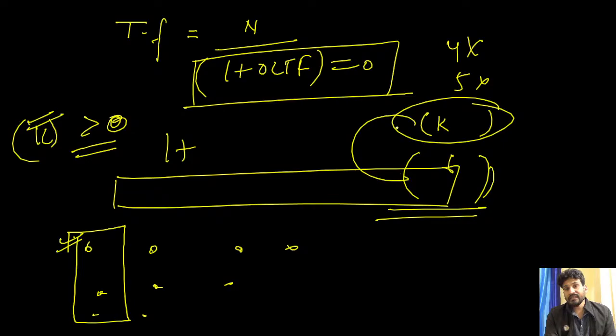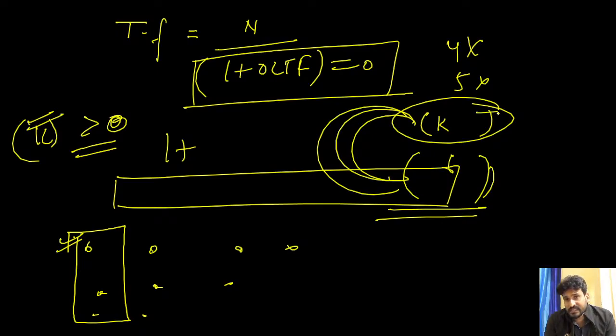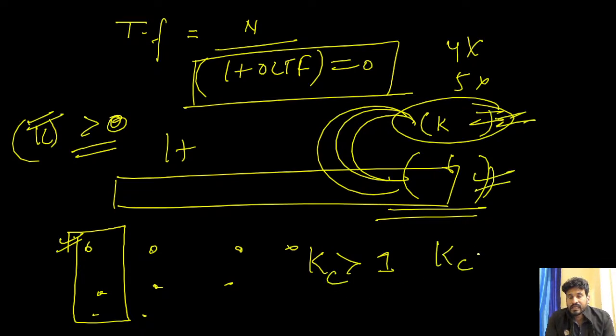And by combining these conditions आपको एक value बतानी है. Like इससे मान लीजिएगा that Kc must be greater than 1, और इससे आगे आपका Kc must be less than, let's suppose 5. So it is very obvious that Kc must be in between 1 to 5 for the stable system. Is it clear to you?